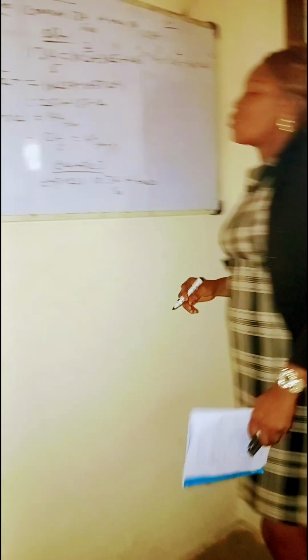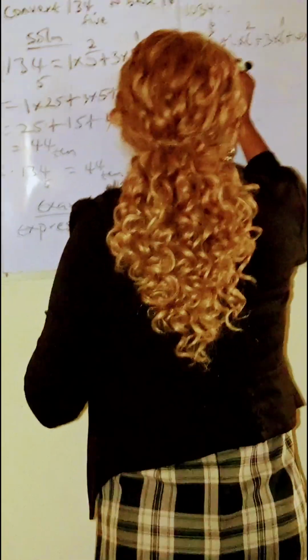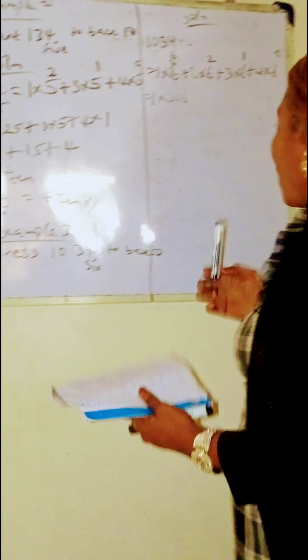So we have this as 1 times 6 raised to power 3 is 6 times 6 times 6 in 3 places. So that will give us what? 216. Then we'll go to the next one. 0 times 6 raised to power 2.